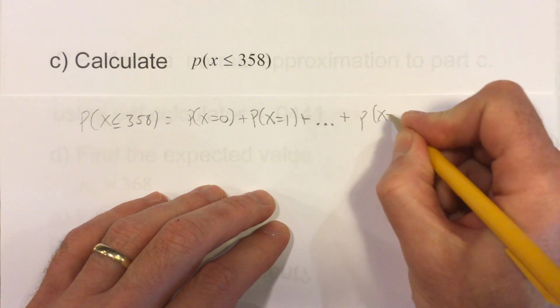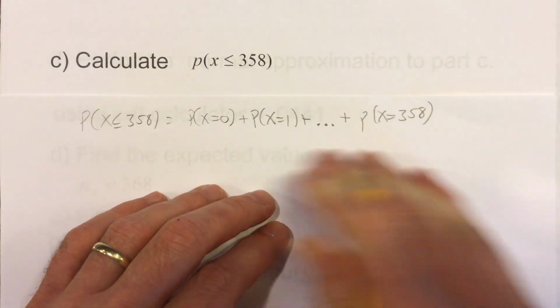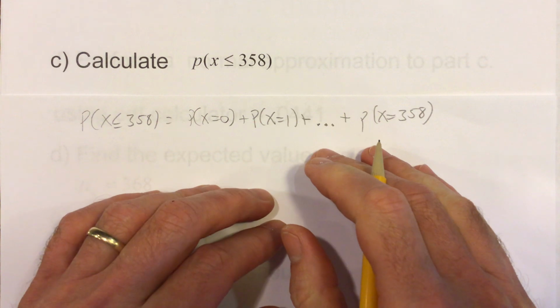We say, plus probability x equals 358, right? Here's my work. I'm saying here's how I would do it if I had to.